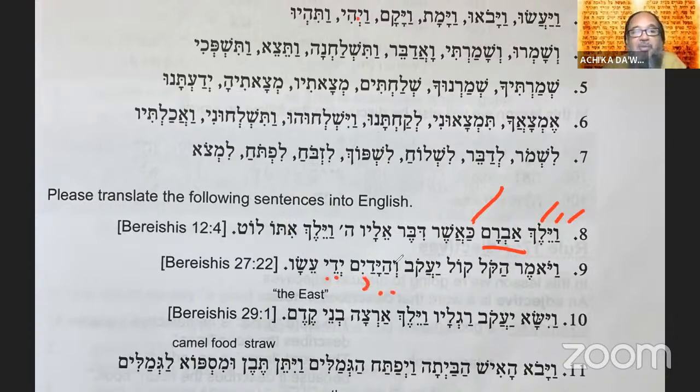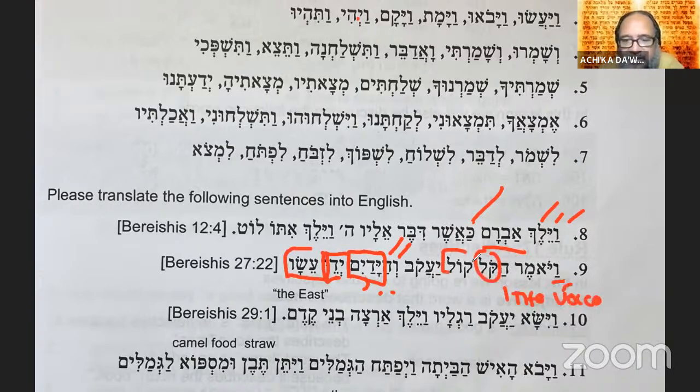And we know the Wahayadim means and the hands are the hands of Esau. So what is it saying? And he said, Ha-kol, Ha means the, and kol is voice. The voice is the voice of Yaakov, but the hands are the hands of Esau.